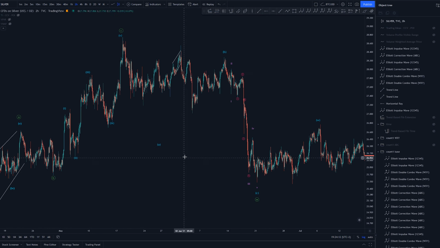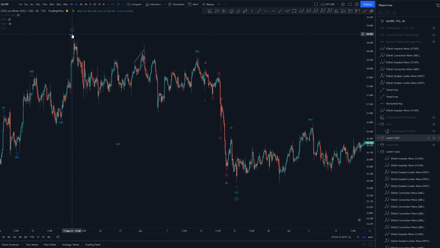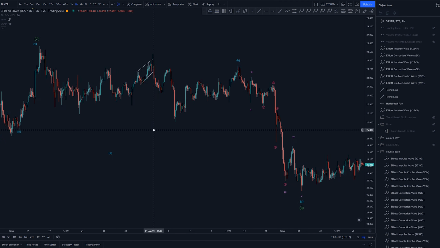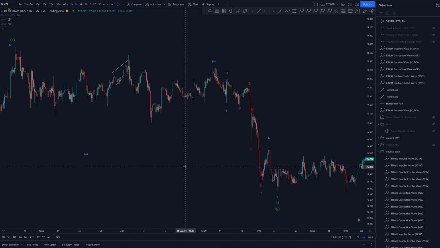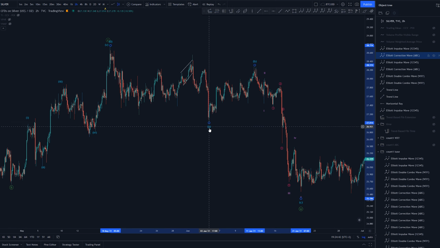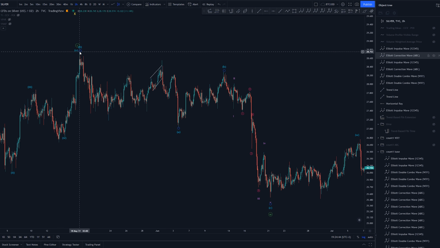Now, this could be 5 waves here, A, B, so this looks 3 wave-ish. If we place the A here, does that help us?